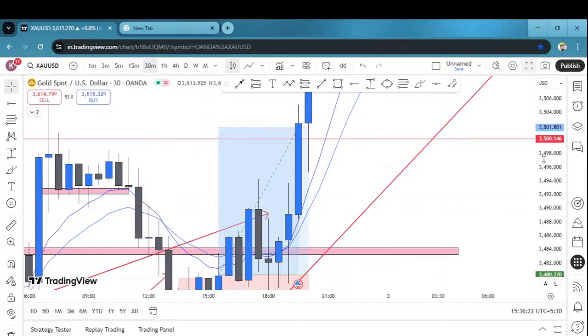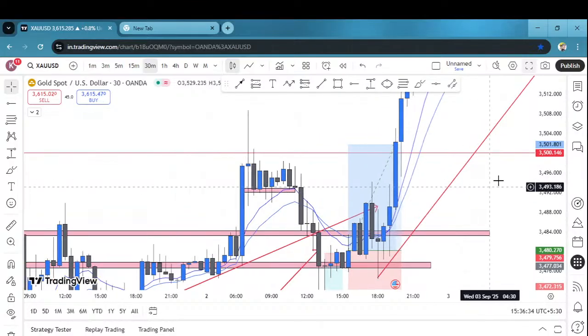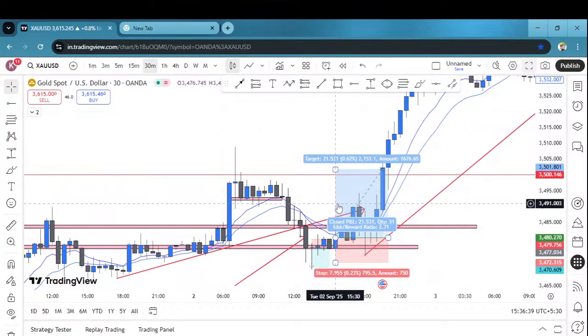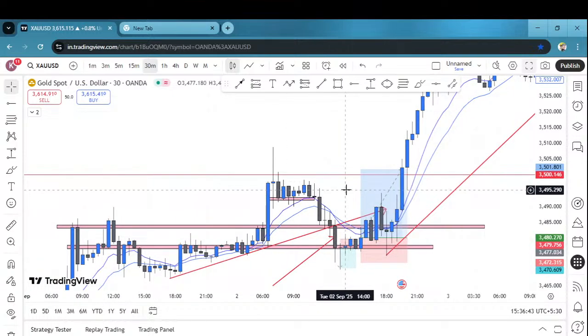So yeah, give your SL a little bit of room, and then you'll definitely see much better results. Giving space to your SL is a good thing, for beginners at least. And this was 1 to 2.7 something. It was a good trade as well.